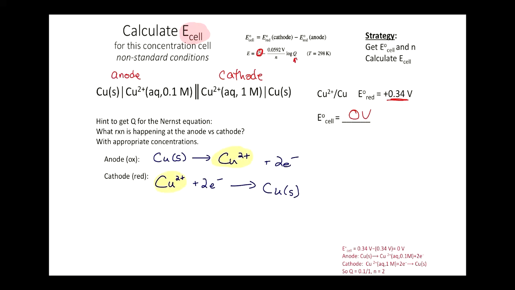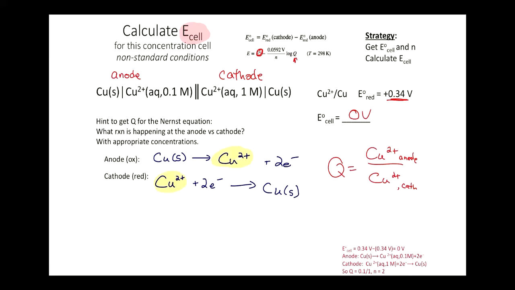So when we calculate Q, the copper 2+ concentration in the numerator is from which electrode compartment? It's going to be the product, so this one's coming from the anode. While in your cathode compartment, copper 2+ is a reactant, so that means copper 2+ from your cathode is going to be on the bottom, right?